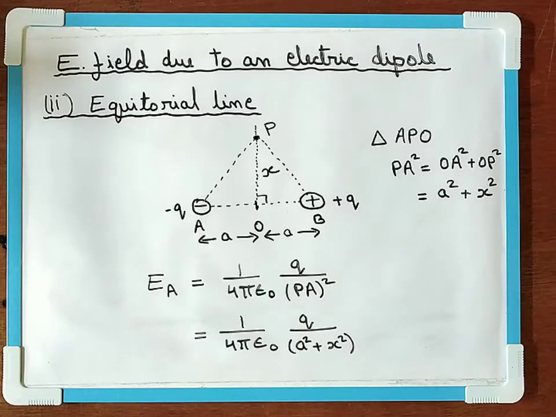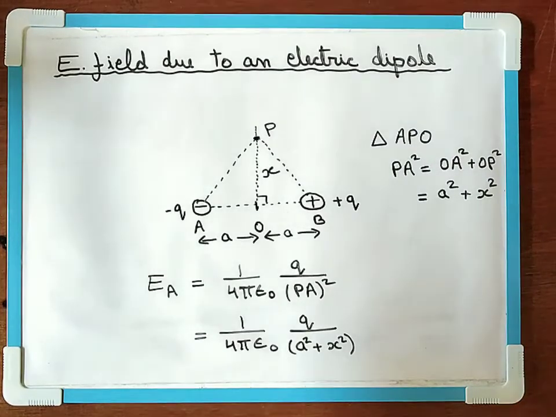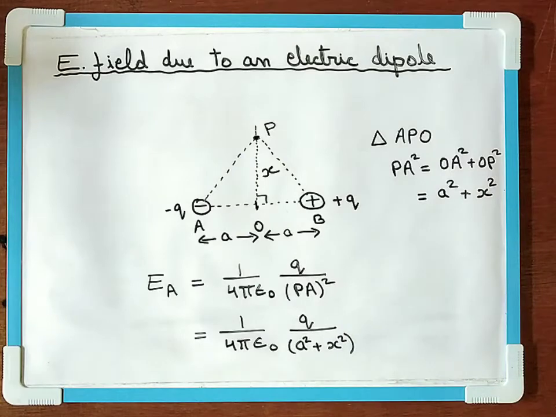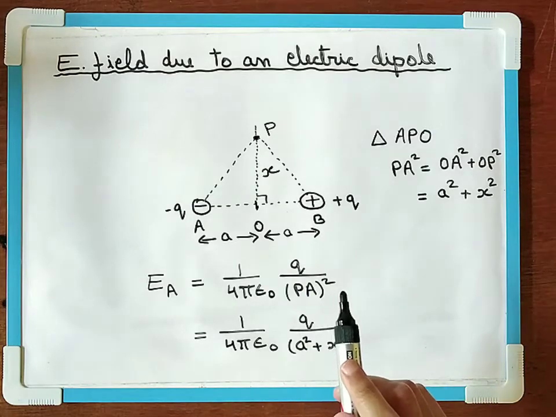Now electric field is a vector quantity, so it has a direction. In order to find the direction of the electric field EA, we'll have to make use of the concept of electric field lines. According to the properties of electric field lines, for a negative charge, the electric field line is directed towards the negative charge.